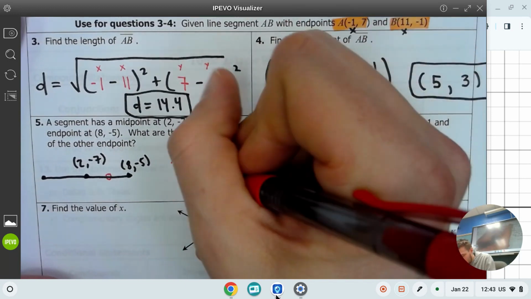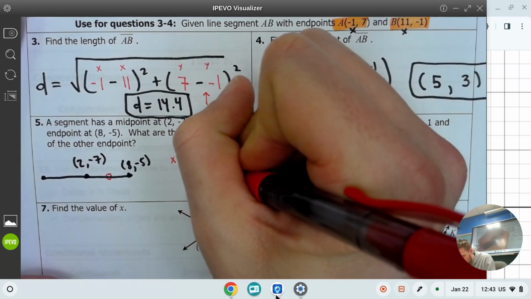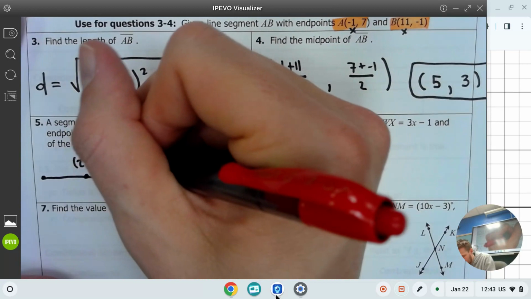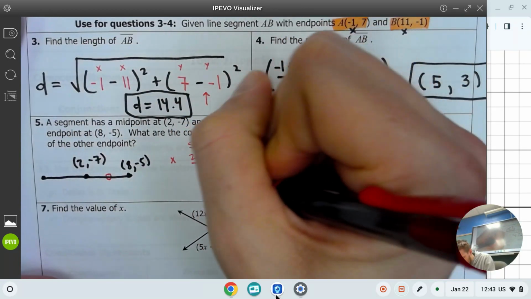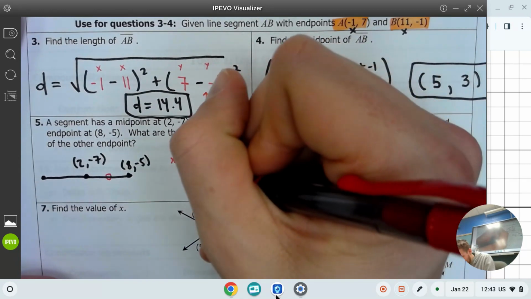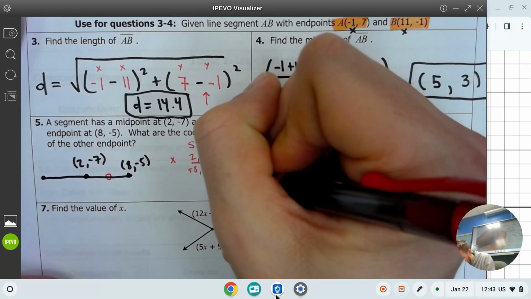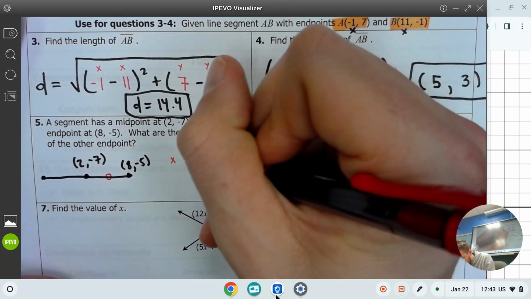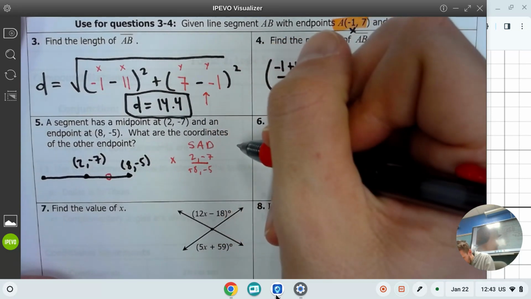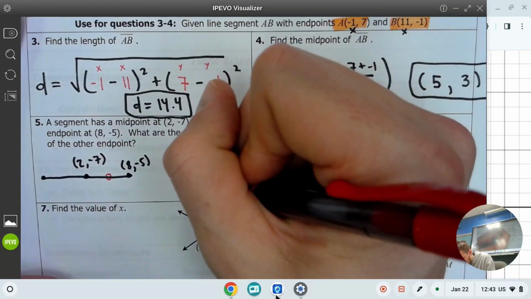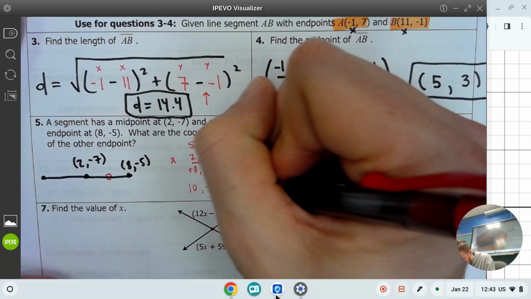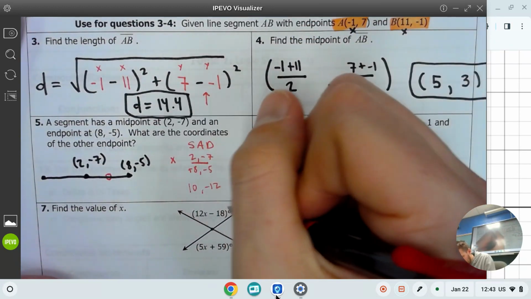What are we stacking with the 8 and the 2? Just write the coordinates like 2, -7. Mm-hmm. And then underneath write plus 8, -5. Okay. Do it like that. And just add both sides. So you have your 10, -12. And then just cut them in half or divide them by 2.